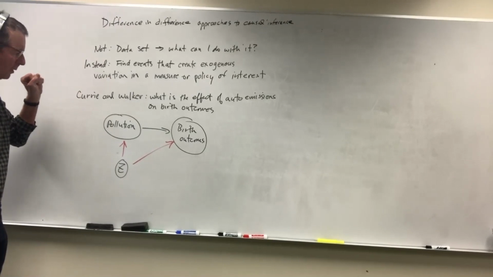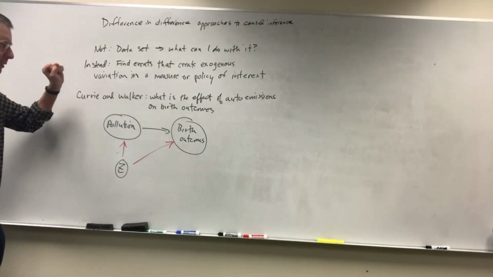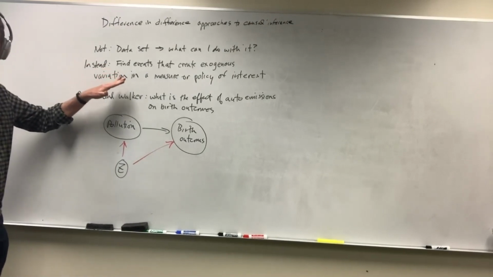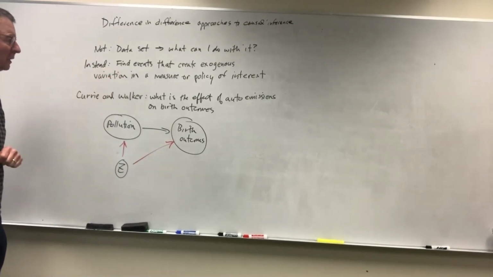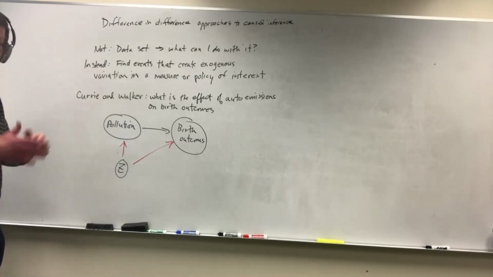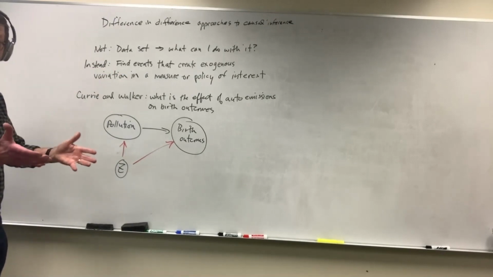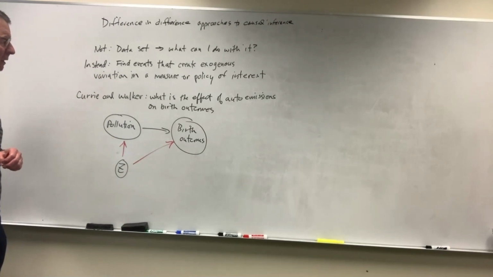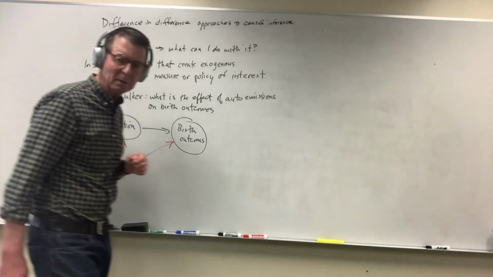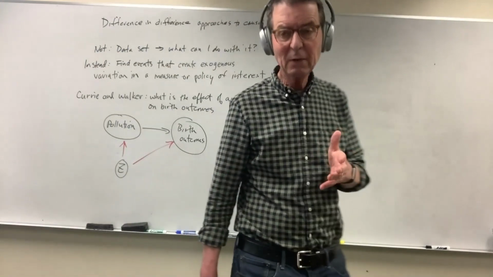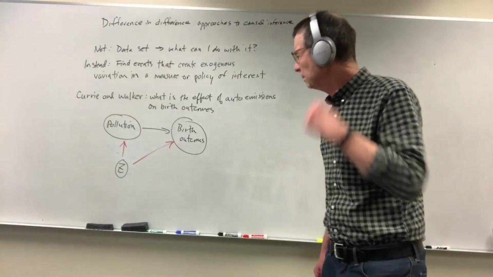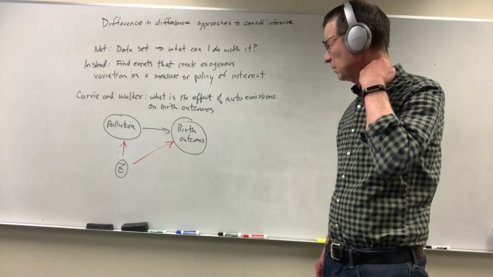All right, so we want to know, if we've got some sort of event that creates variation in a policy or measure of interest, how can we then go out and find the data that enable us to take advantage of that event to address the problem, finding what the causal impact is in a pretty convincing way?